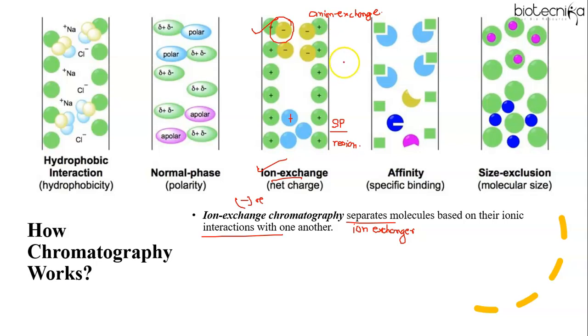But if you wish to purify a positively charged analyte, you pass it through a negatively charged resin, and the molecules that don't bind will be negatively charged, or those which bind weakly will be slightly positively charged, and will elute first, while the analyte, which is strongly positively charged, will remain bound to the column. This process is called cation exchange chromatography.